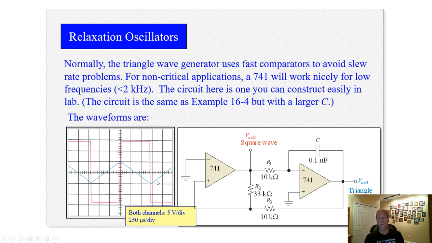Here's the triangle wave on the output, and here's the square wave coming out of the comparator. As it says up here, a 741 op amp will work for low frequencies. But you can use high-speed op amps and get this thing really cooking up into the megahertz if you need to. Not too common, but you can.